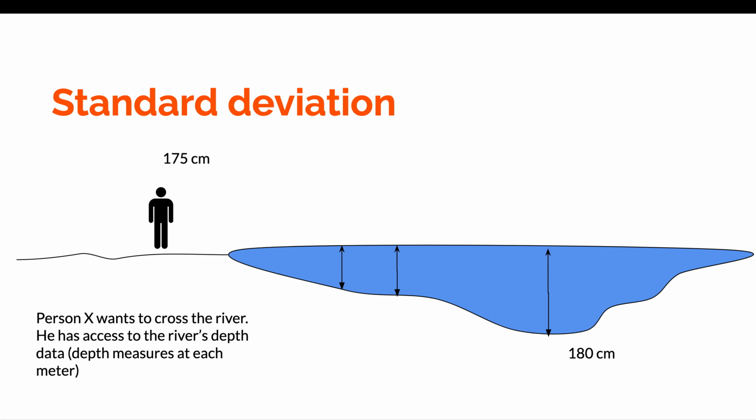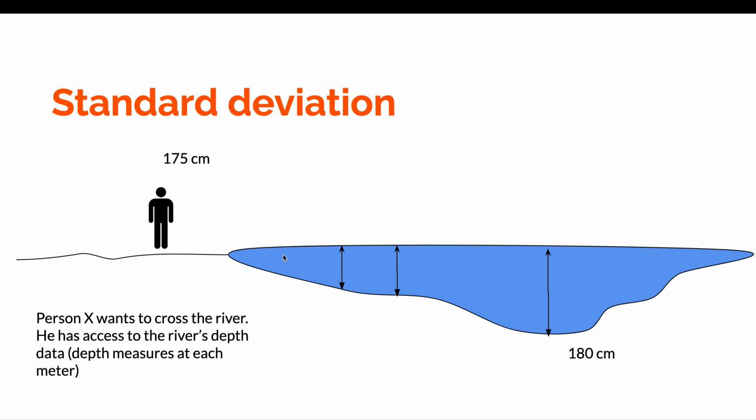Let's say there is a person X, and this person wants to cross a river. This person's height is 175 centimeter, and he has access to river depth data.